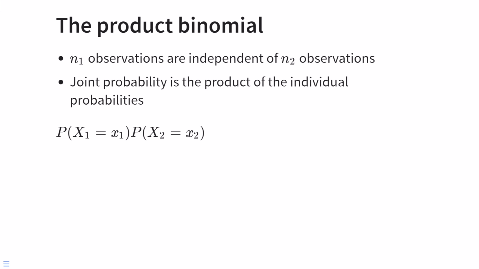So if we have independence all the way around within and between these samples, then we can use a product for joint probability. The product will give us the probability of observing a certain number of successes in x1, the first group, and observing a certain number of successes, that is x2, for the second group.